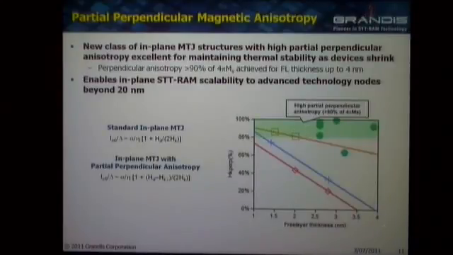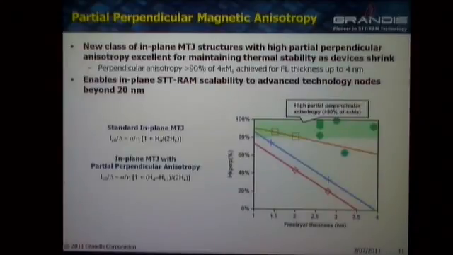And I think a year ago I showed these two lines here. But the big advance in the last year has been achieving these high levels of partial perpendicular anisotropy, even at free layer thicknesses right up to 4 nanometers. And it involves free layer engineering and so on. The reason it's so important is that as you scale down these devices, they become smaller, and you lose the thermal stability unless you can increase the volume of the free layer.